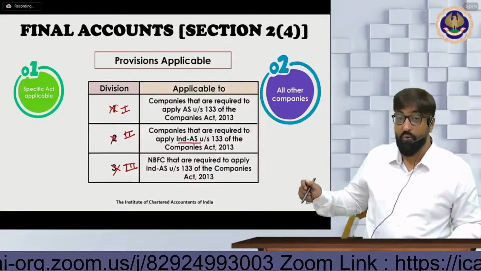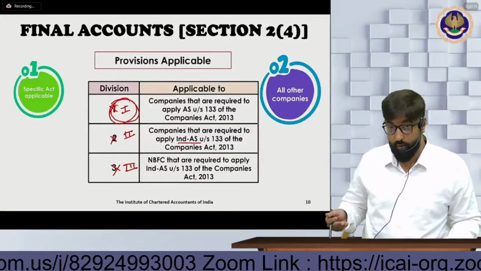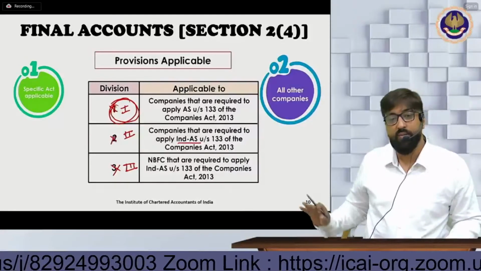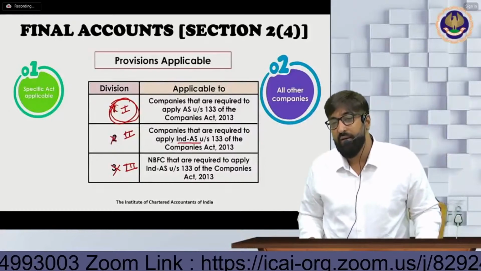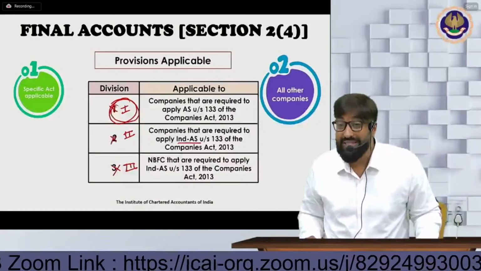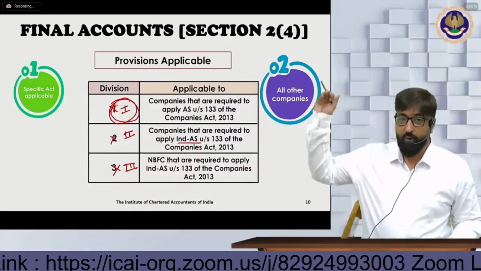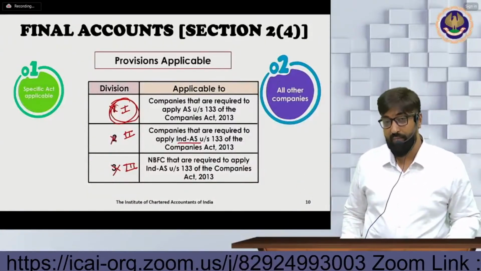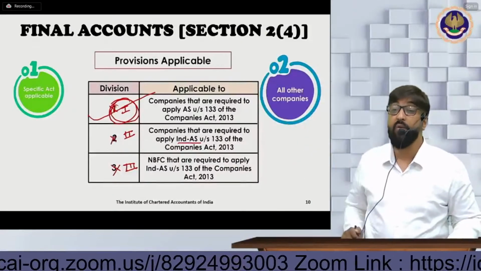We are going to see the division 1 pro forma here, not the division 2 pro forma. And division 3 pro forma is for NBFCs that are required to apply Ind AS under section 133 of the Companies Act. For the non-banking financial companies, we have a separate pro forma. What we are going to see in this chapter is the division 1 pro forma.